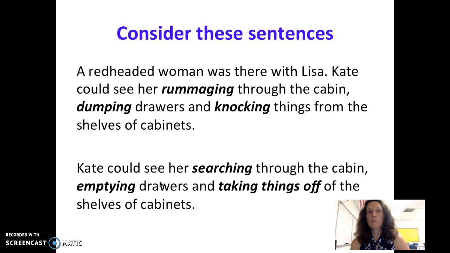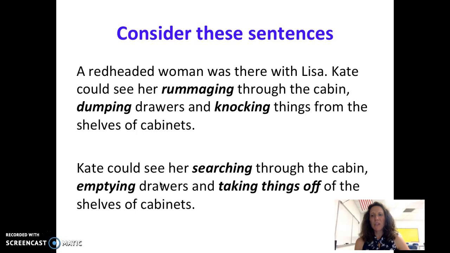It's okay to use a dictionary if you're not sure of certain words like this. So maybe you would want to look up a word like rummaging, okay? I looked it up for you, and in Spanish I got hurgar en. Now, I don't know if that helps you, but let's take a look at these two examples.